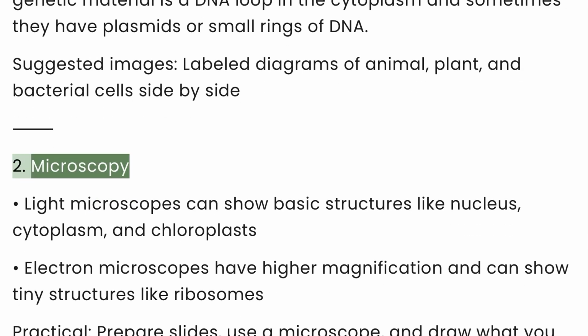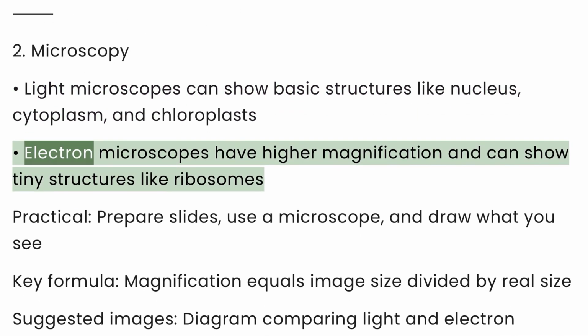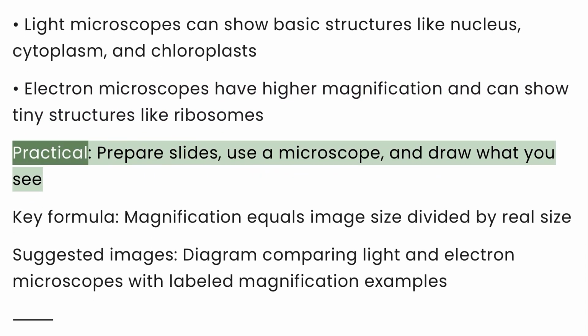2. Microscopy. Light microscopes can show basic structures like the nucleus, cytoplasm, and chloroplasts. Electron microscopes have higher magnification and can show tiny structures like ribosomes. Practical.